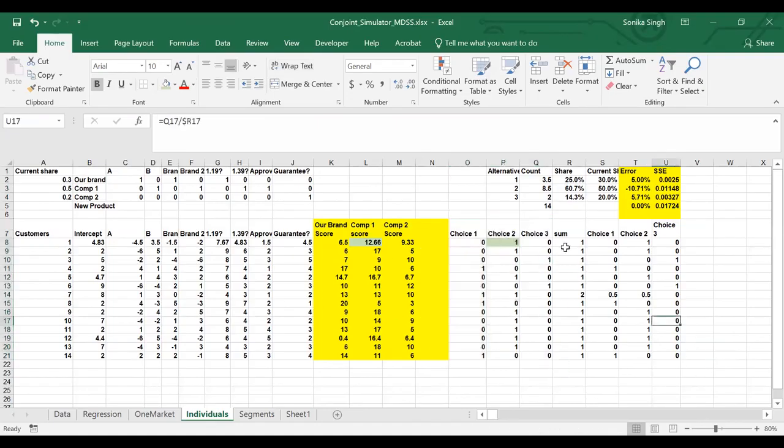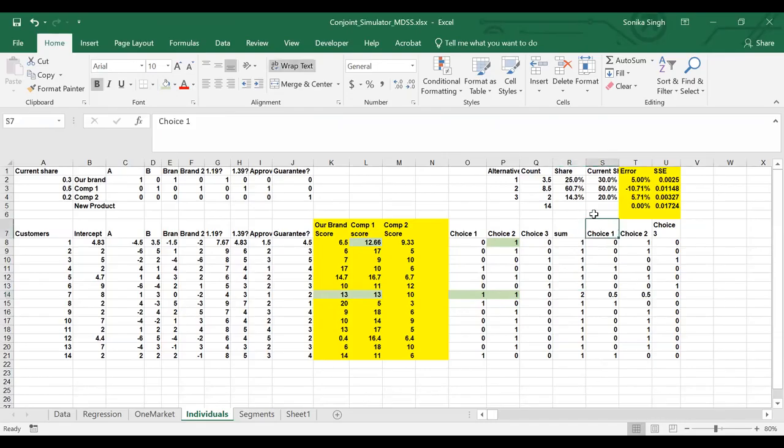Now, if you sum these choices, you will notice that this particular consumer has an equal utility for our brand as well as the competitor brand, and therefore is indifferent between 1 and 2 and can probably choose both of them. And so the sum is 2.